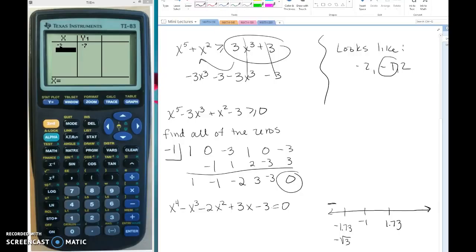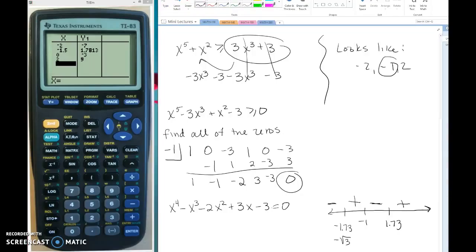Then we want something between negative 1.73 and negative 1. That's why we had to change it to ask. We can do something like negative 1.5. So that's positive. Then we want something between negative 1 and 1.73, so we could do something like 0. That's negative. And then something bigger than 1.73, so we could do something like 2. It's positive.